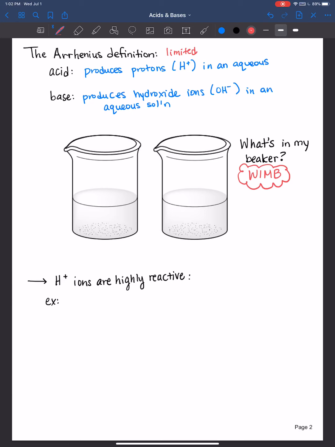So for example, if I were to put hydrochloric acid in my solution, and as the name suggests, it is an acid, if I were to put that in my beaker that has water in it, I would see protons in solution as well as the chloride anion.